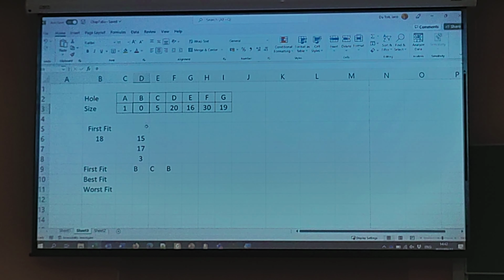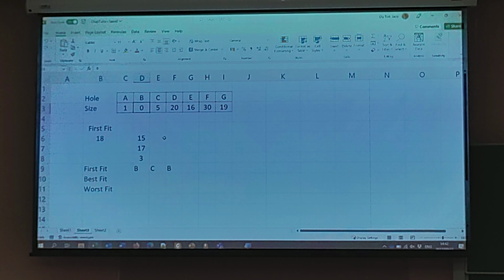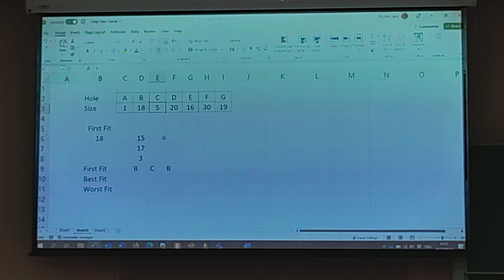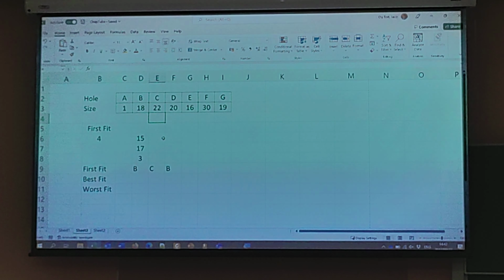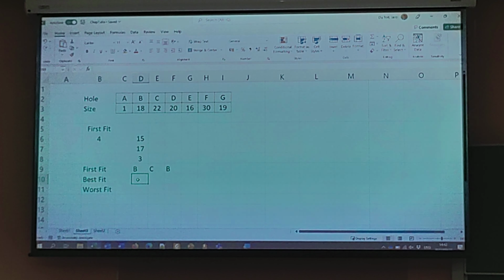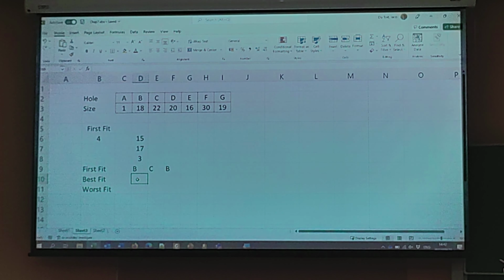Right, let's see if we can reset this. Alright, resetting. Let's do the rest. Okay, best fit. So best fit says, let's go through the whole queue first.